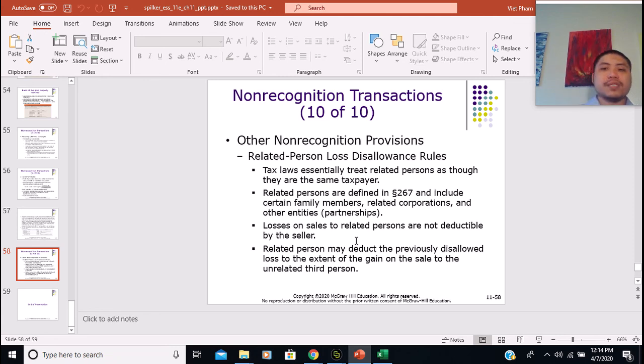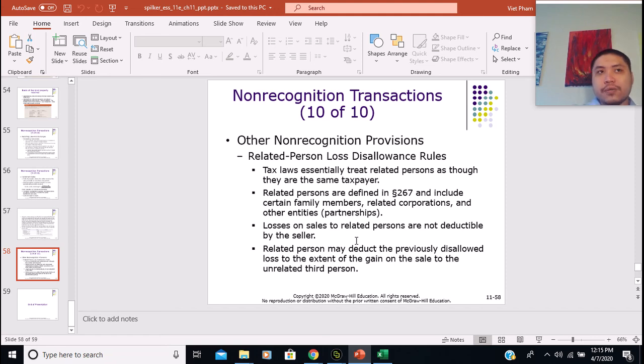As we discussed in earlier chapters, the definition of a related person can be very broad. It can be an entity, a company owned by someone, and if the person sells that thing to the company, it can also be considered a related person transaction.